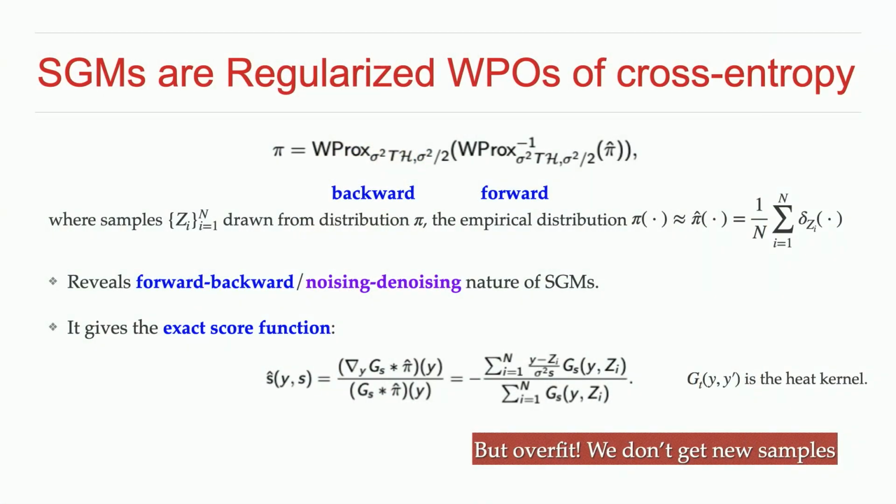But actually, what we eventually realized with some simple data sets, when we have a very nice score function, we no longer get new samples. We got only overfit. That means all the samples we're trying to generate, every time we are getting dragged by the drift term to where the original sample was.